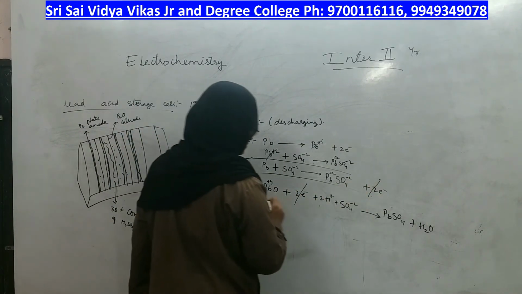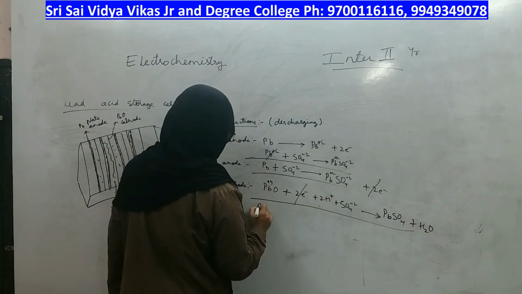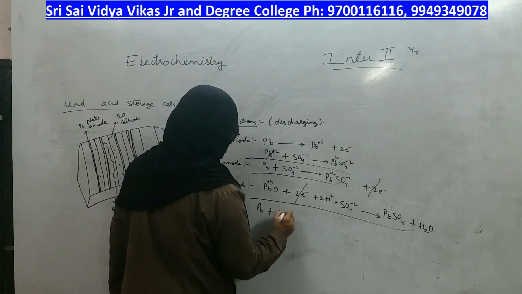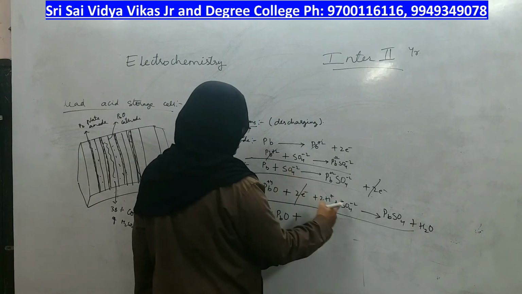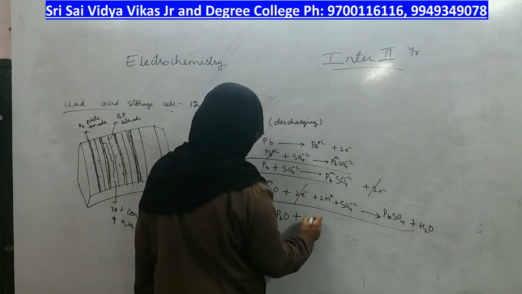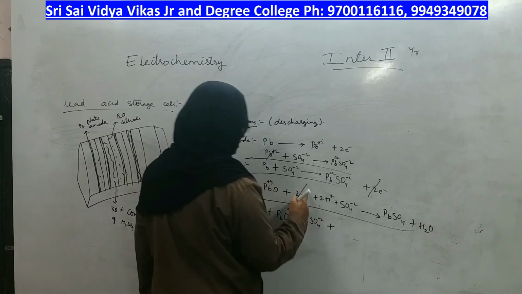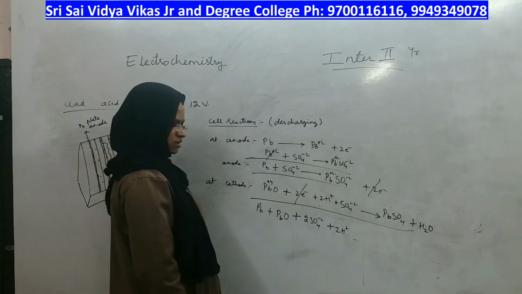Right. Lead plus lead oxide plus sulfate. How many sulfates? One sulfate at anode side, another sulfate at cathode side, and then H plus ions.